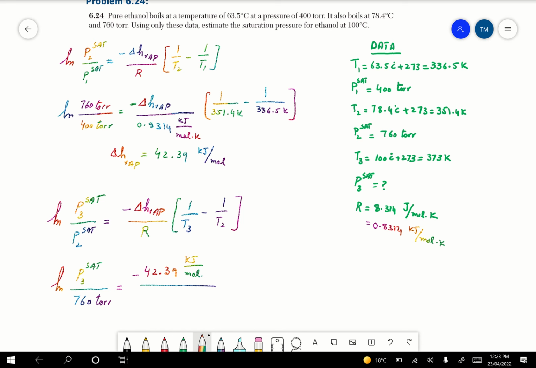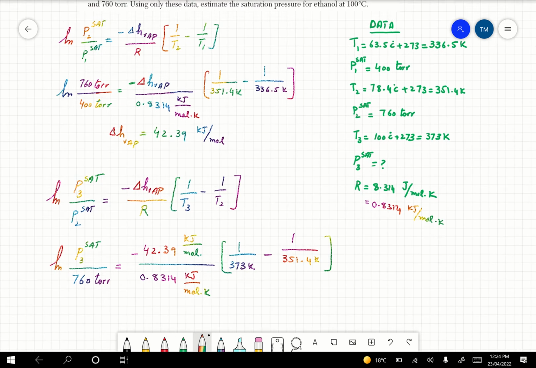Divided by R, which is 0.8314 kilojoule over mole Kelvin. And T3 is 100 degrees Celsius, which is 373 Kelvin, so 1 over 373 Kelvin minus 1 over T2, which is 351.4 Kelvin. So basically this is what we got.